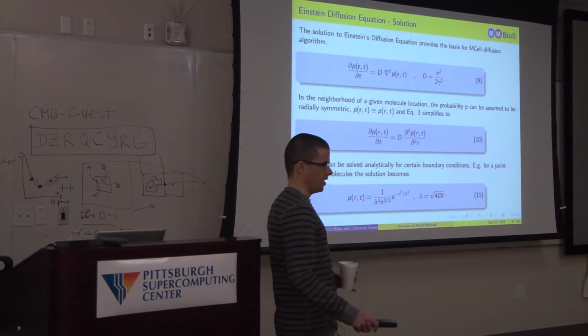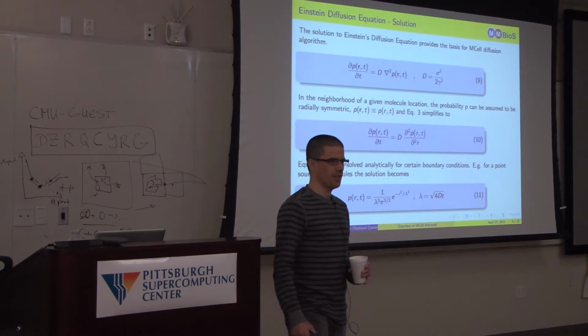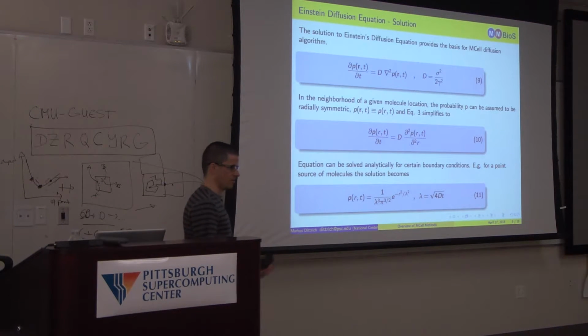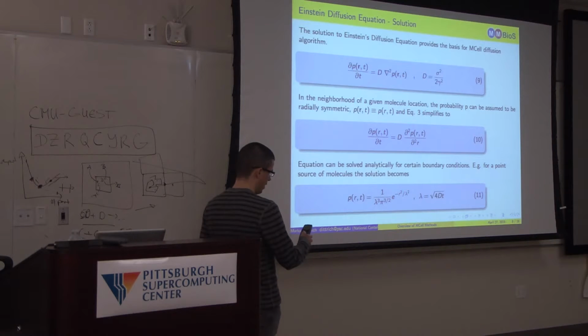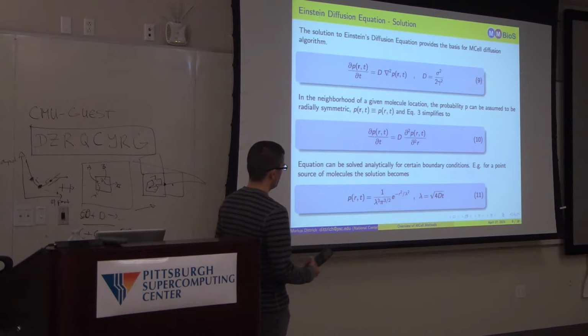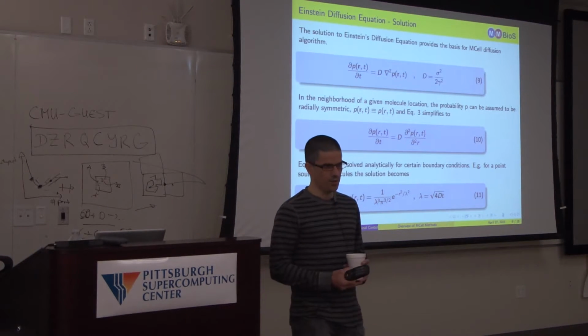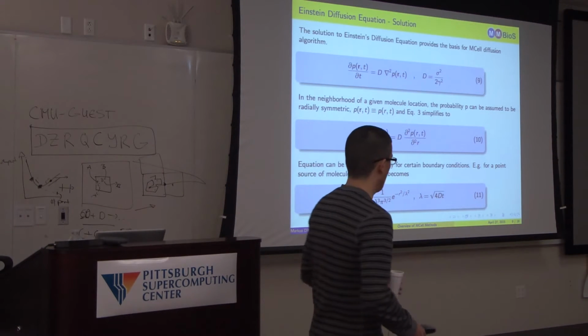Where are they going to be at time t plus delta t? That's our question. And we use this equation to compute where they will be in the future. You can solve this equation. We assume radial symmetry, which is usually a good approximation in our case.